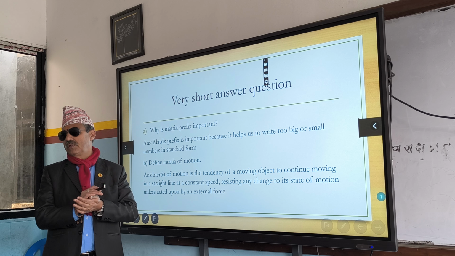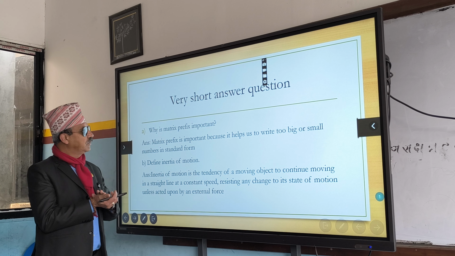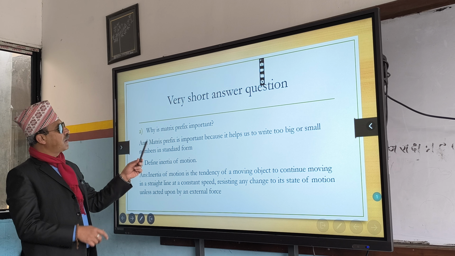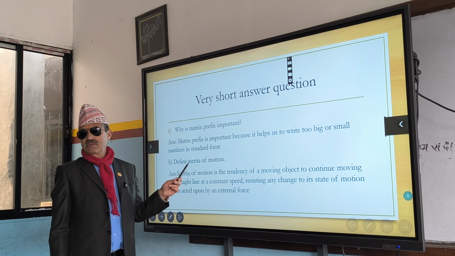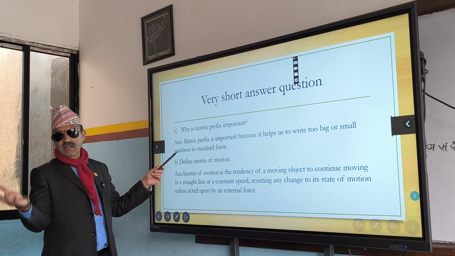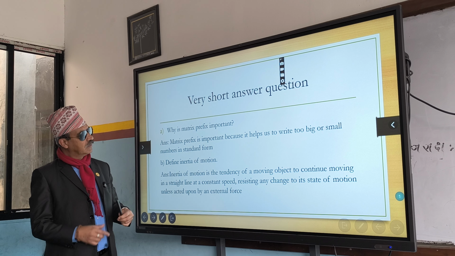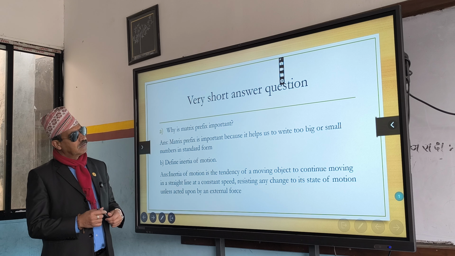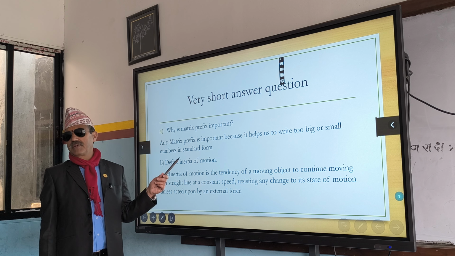Okay, so MCQ completed. BSQ. Why is metric prefix important? What is the answer? Read together. Standard form, right?